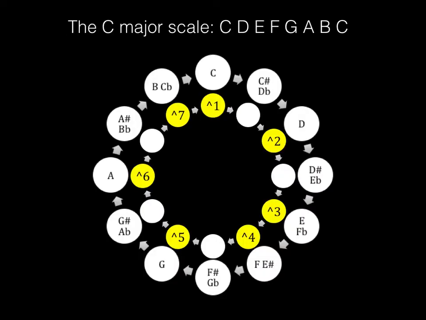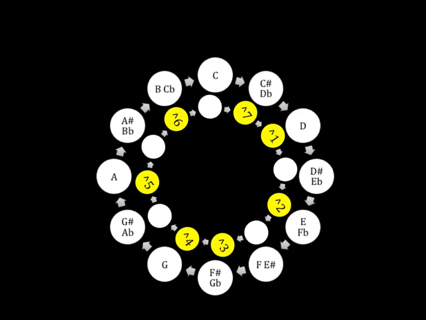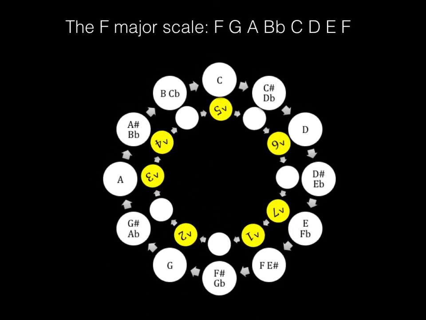So this alignment gives us our C major scale, where the yellow circles align with C, D, E, F, G, A, and B. But then we moved it to align scale degree 1 with F. And now we would have F, G, A, B flat, C, D, and E.